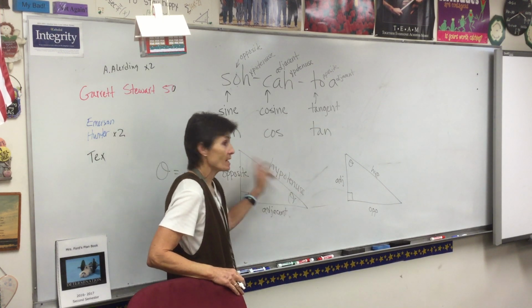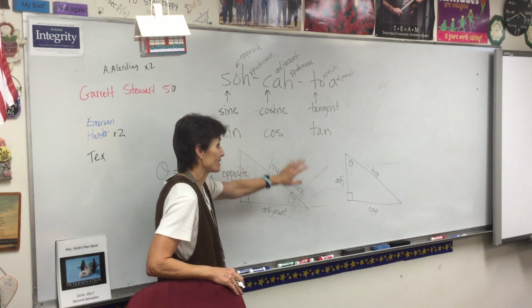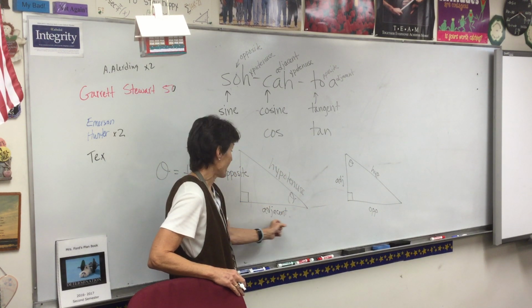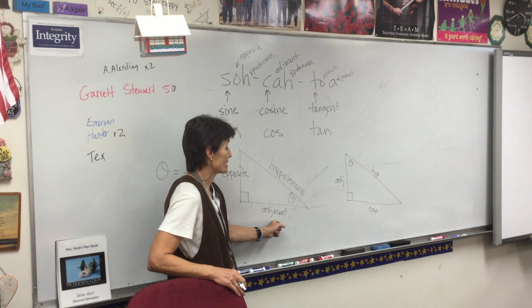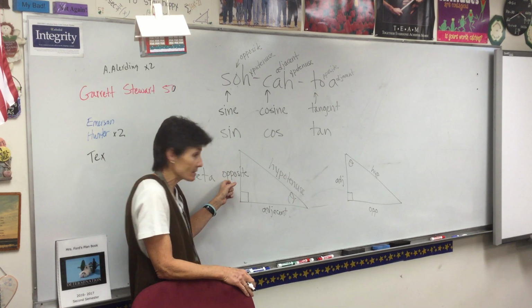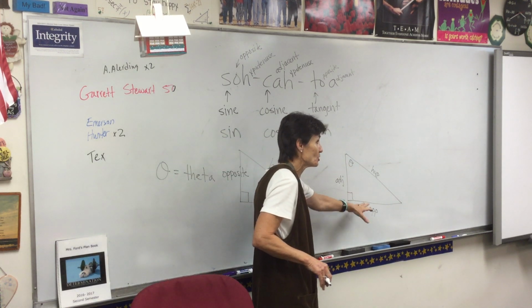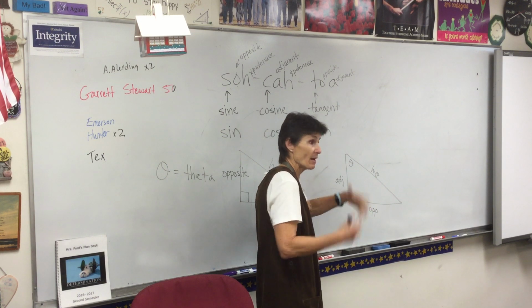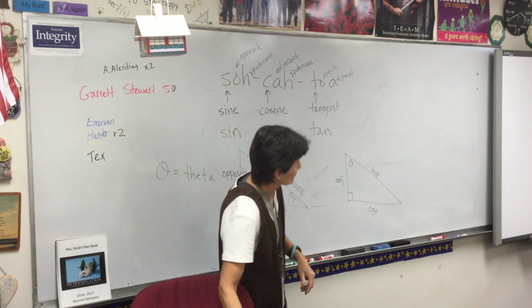The hypotenuse is the hypotenuse, so take it out of the mix. You have this side and this side left. Which one is next to the angle? This one, that's called adjacent. Which one is across from the angle? It's called opposite. So opposite and adjacent depend totally on which angle you are referencing. That will just depend on the problem.